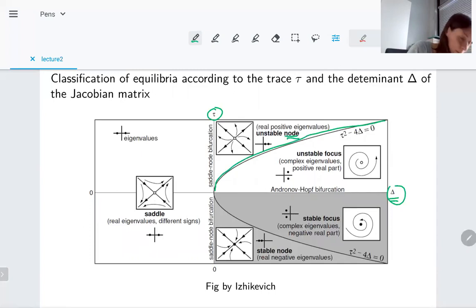So the dynamics nearby looks like this, while for values above this curve it is a focus. So the trajectories around this equilibrium point spiral around. They move away from the equilibrium, but they spiral around it. And the same happens for negative values of the trace, but in this case the equilibrium point is stable. So it attracts trajectories nearby.